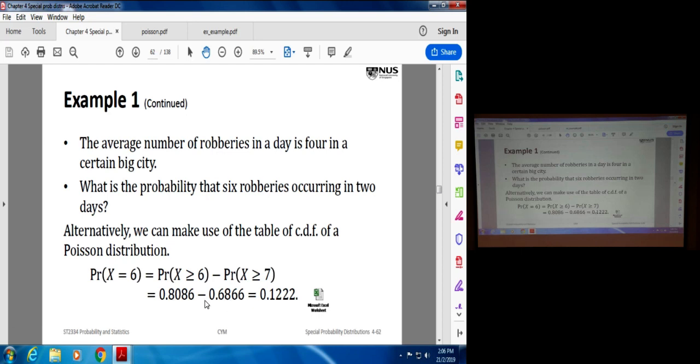So this difference between these two numbers can be obtained from a table. I think using tables is very old-fashioned. I would never think of a situation where I would do that these days. But if you like, you could use a table and calculate this. Or there are many statistical packages which can give you these numbers as well.